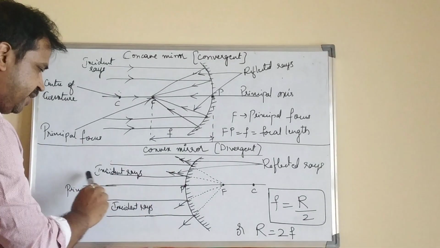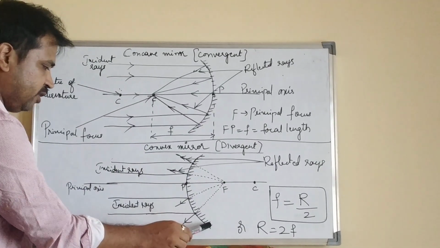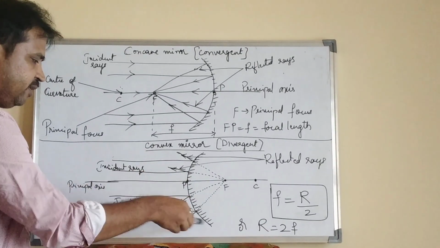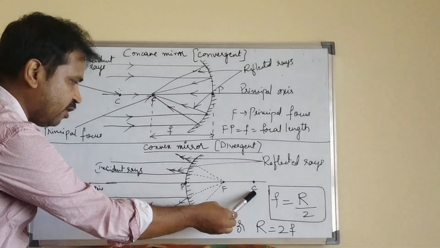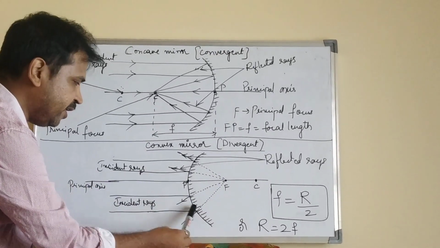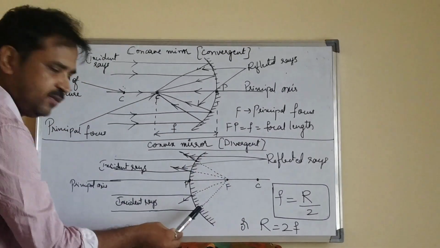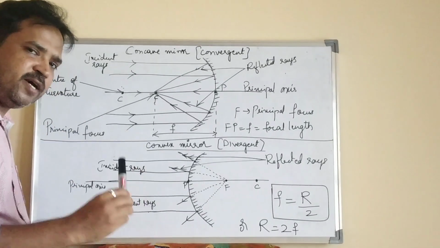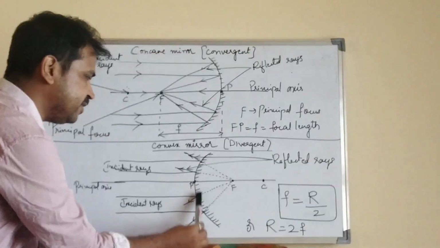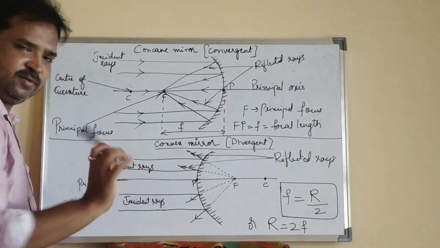Now when these incident rays fall on the reflecting surface, which is outside, the radius, center of curvature and the principal focus are within the sphere. But the incident rays are coming from outside the sphere. So where can you expect the shape of the sphere? It is here, not here.